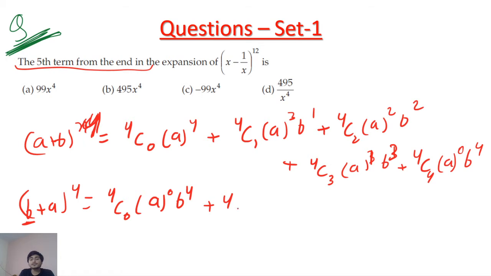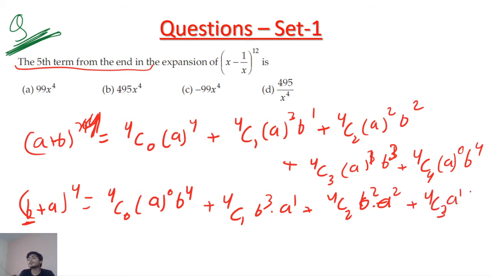Then 4C1 b to power 3 a to power 1, plus 4C2 b to power 2 into a to power 2, plus 4C3 b to power 1 a to power 3, and then 4C4 b to power 0 a to power 4.